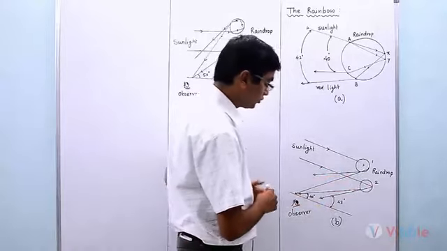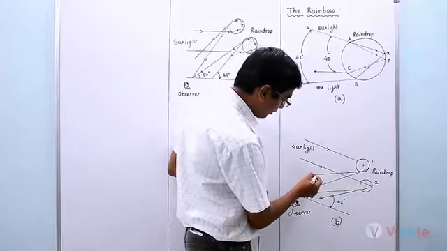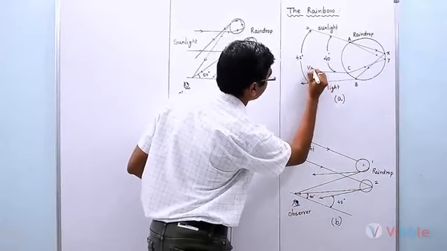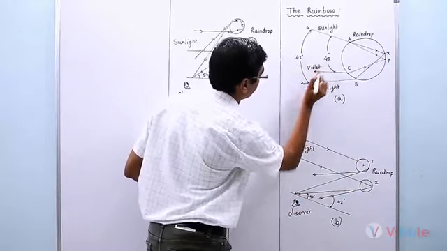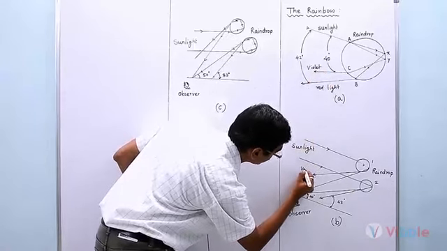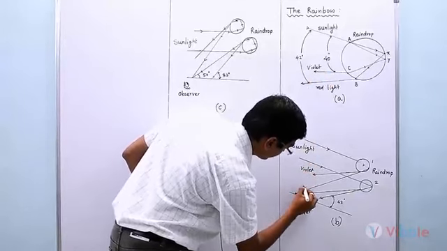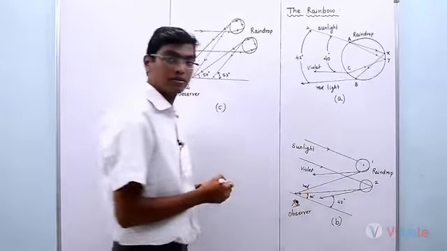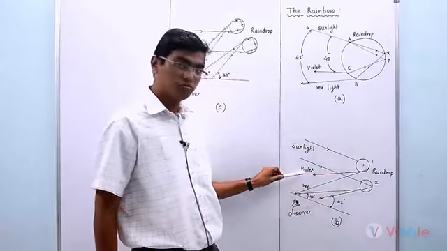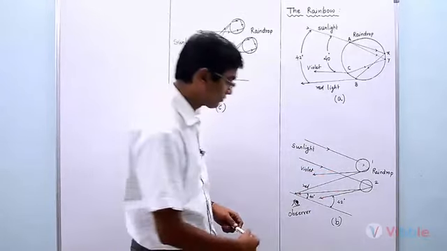Just pay attention to the first raindrop. From raindrop 1, the upper ray which you get is the violet light, and the lower ray which you get is the red light.